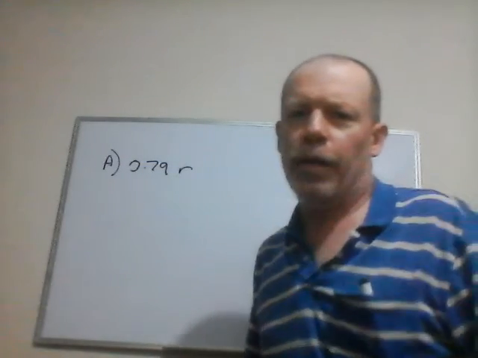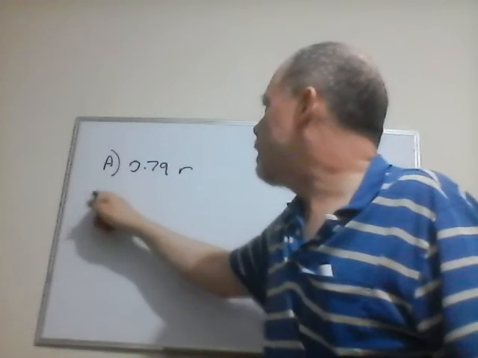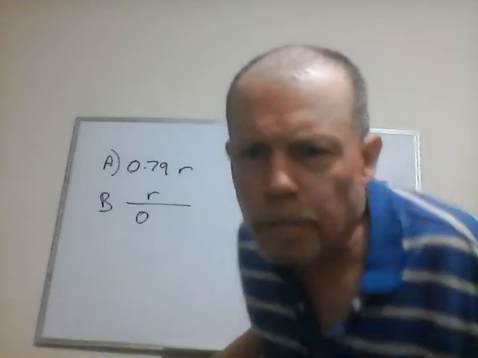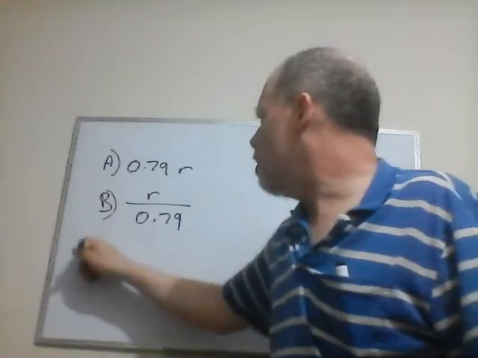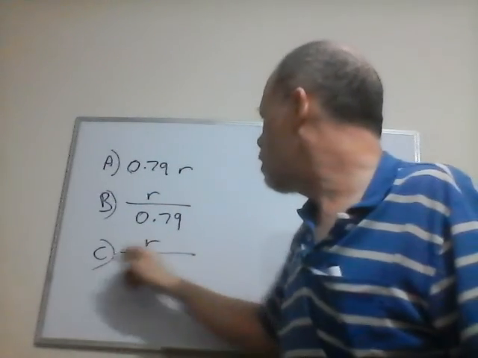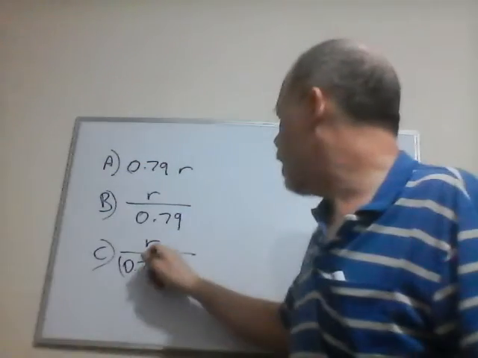Okay, I'm getting ahead of myself. B is R over 0.79. C is R over 0.7 times 1.09.